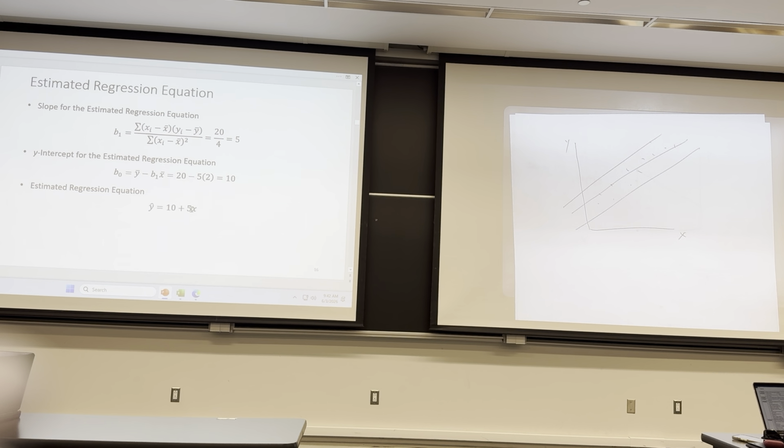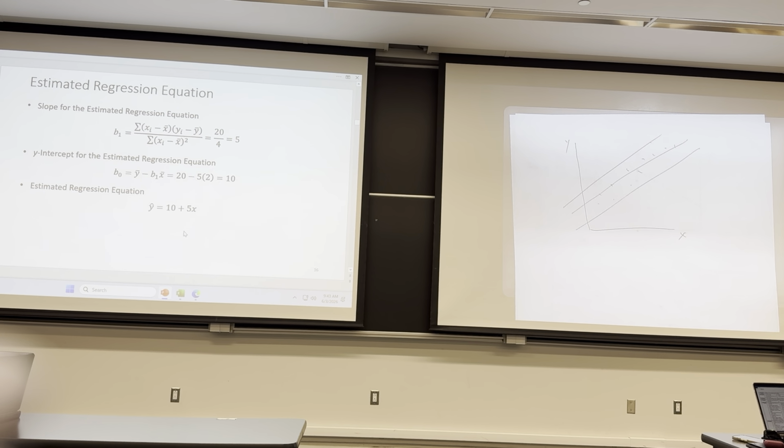This is your small b1, the sample slope. How do you define it? What it simply means is, if the number of commercials increases by 1, your car sales are going to increase by 5, everything else constant.